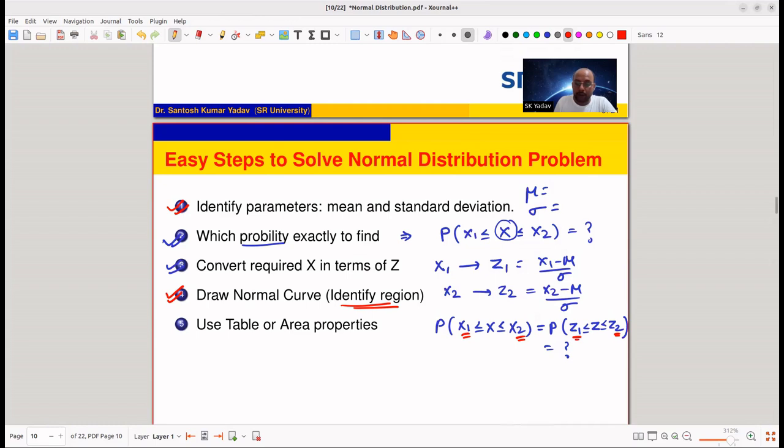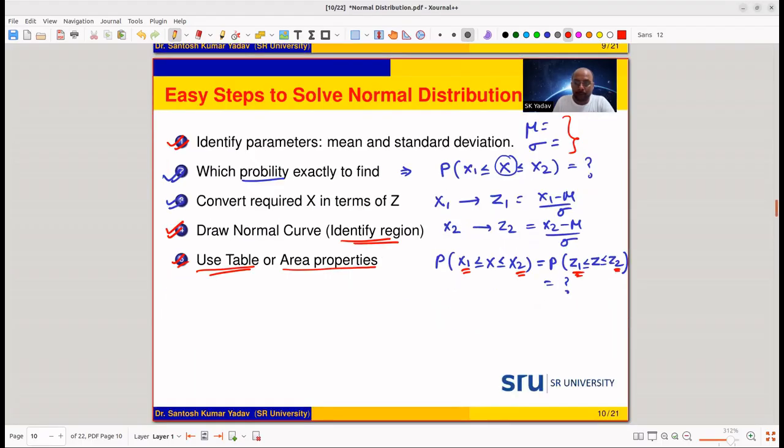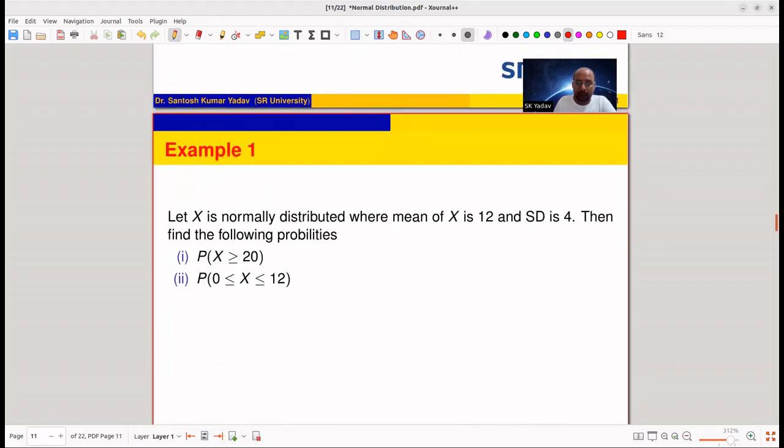Depending on the z1, z2 values, we can then use either tabular values or area properties. So these are simple 5 steps for problem solving. I hope you understand, and we will see this in the coming simple example.